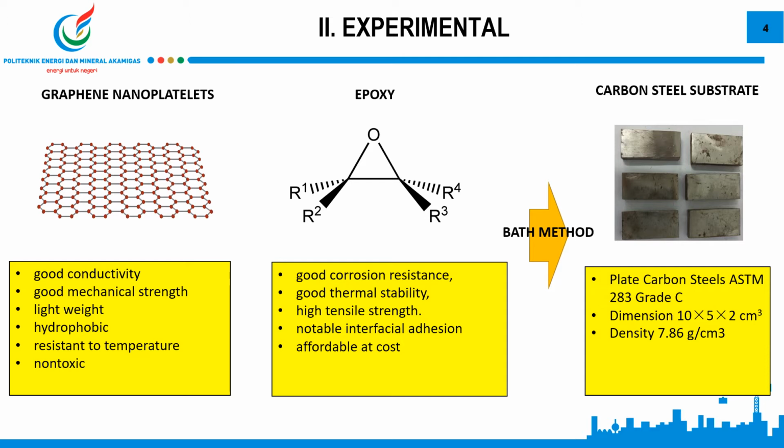Epoxy is used due to their good corrosion resistance, thermal stability, and interfacial adhesion. We use bath method to produce homogeneous solutions of graphene and epoxy. After that, the homogeneous solution is applied using brush on the plate carbon steel.